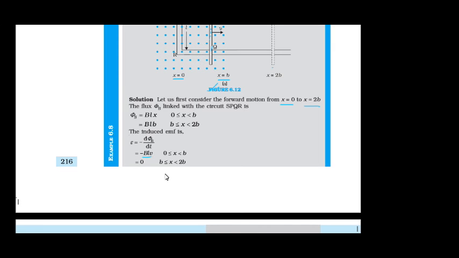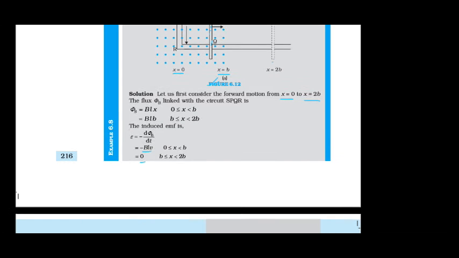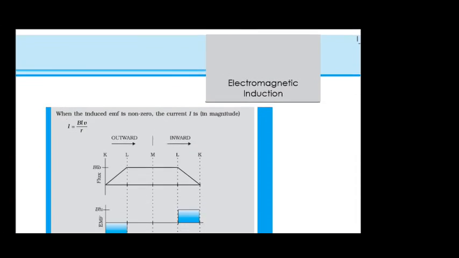But for the distance x greater than or equal to b and less than 2b, we get 0, because the magnetic field B is 0 for x greater than b.